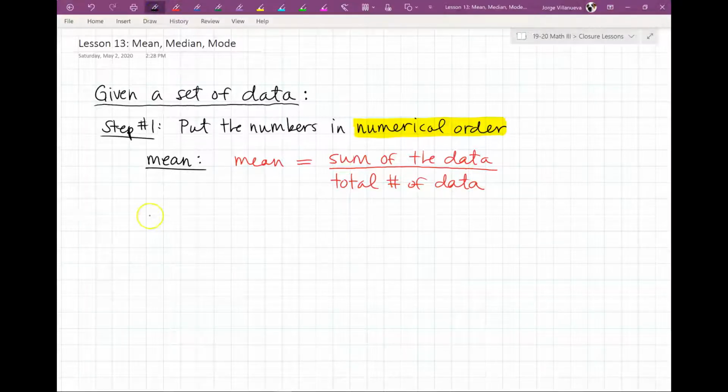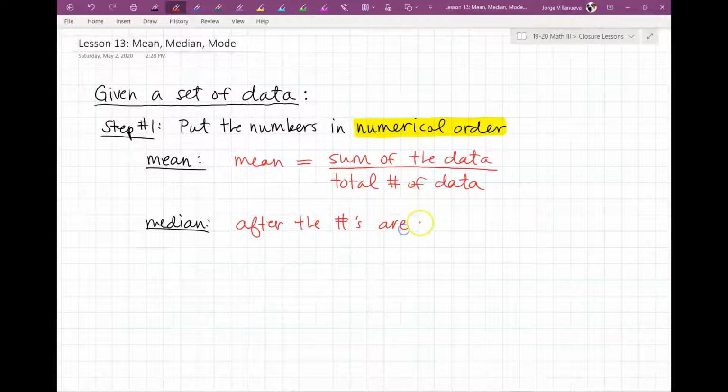Now, the median. So for this, we're going to say after the numbers are organized. So you always got to make sure you put them from least to greatest. So after the numbers are organized, the median is the number in the middle.